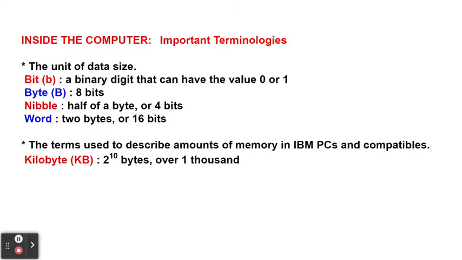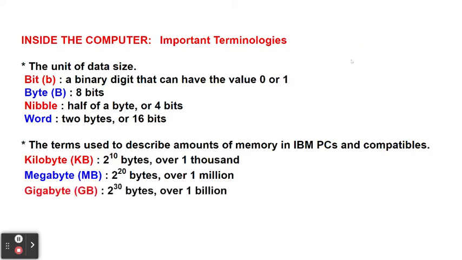If calculated, it would be over 1000. Megabyte, MB, is 2 to the power of 20 bytes, or over 1 million. Gigabyte, GB, is 2 to the power of 30 bytes, or over 1 billion. And terabyte, or TB, 2 to the power of 40 bytes, or over 1 trillion.